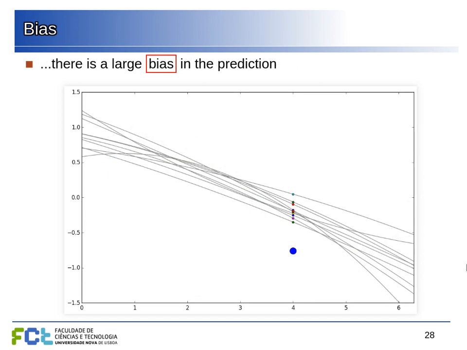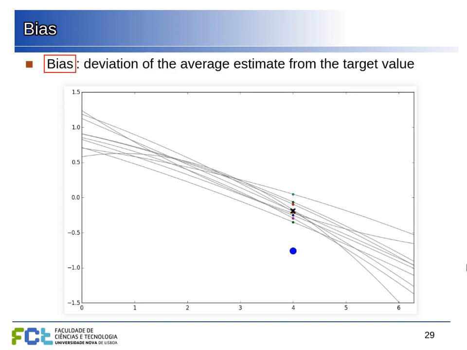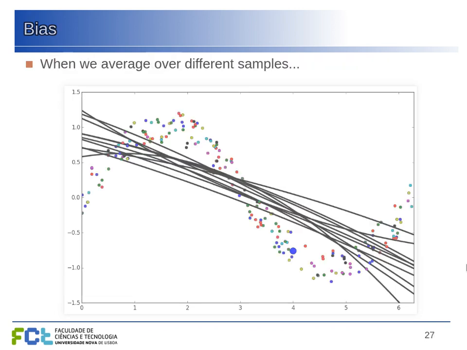So you see the average prediction there is quite distant from the target value at that point. So this measure, the difference between the target value and the average of our predictions is the bias. You see that our model is biased because it's always overestimating the data in that point. Of course, in other places, for example here, it tends to underestimate the data.